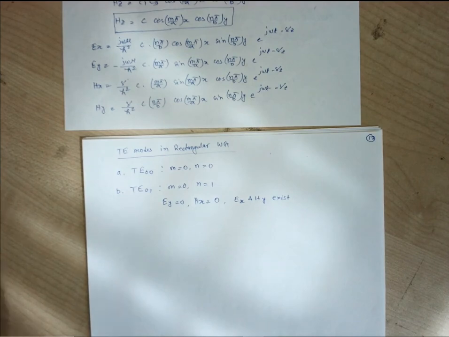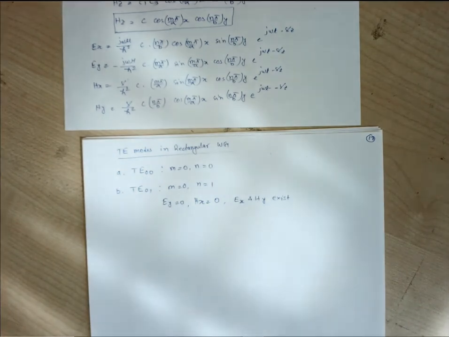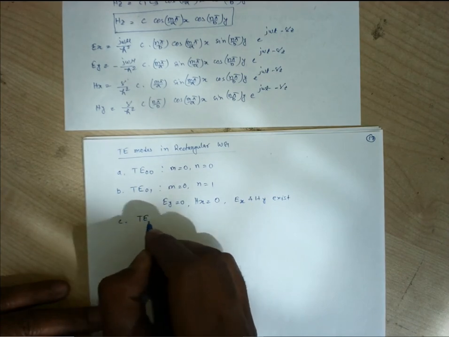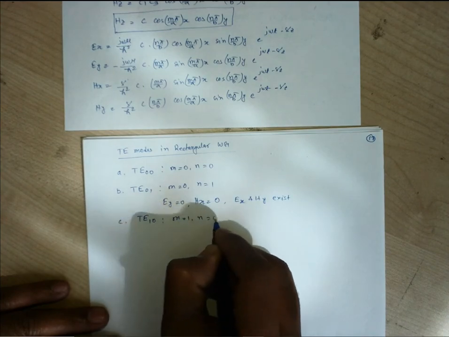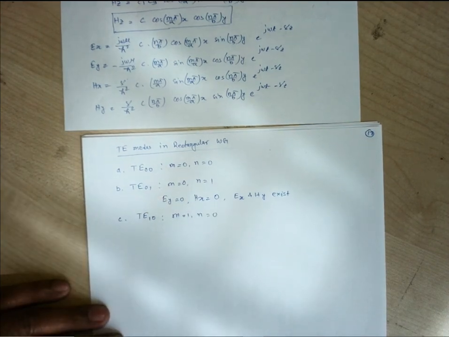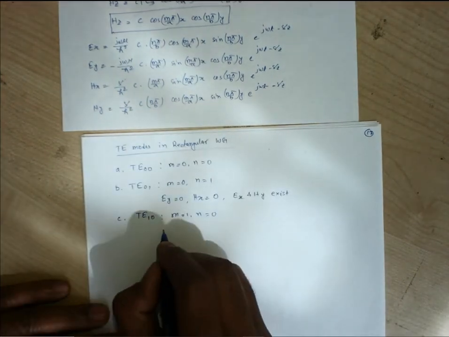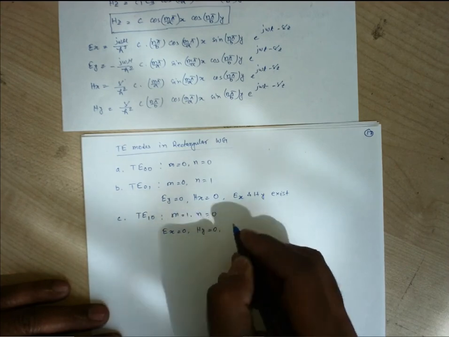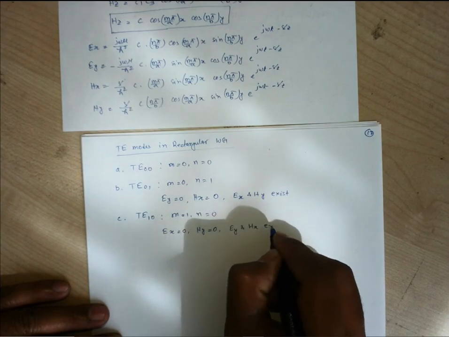Since m = 0, Hx will also become 0. Now the third one, TE10, that is m = 1, n = 0. Since n = 0, Hy will be 0 and Ex will be 0. Ex is 0, Hy is also 0. So we have Ey and Hx existing.